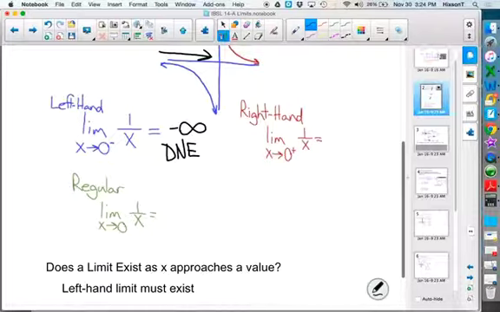Technically, the limit has to approach a value. And since infinity is not a value, they say it doesn't exist. Okay? Either one is fine, but just be aware. Especially if you look at other stuff online.